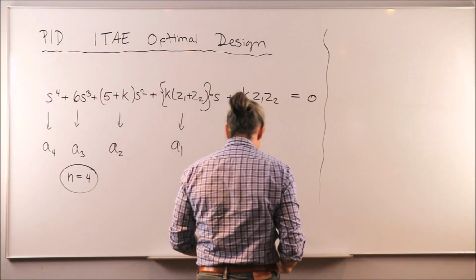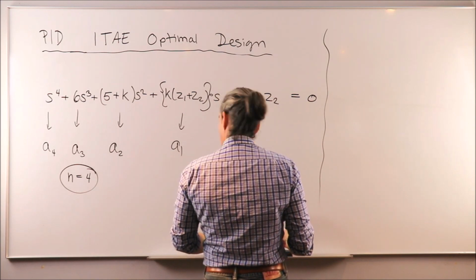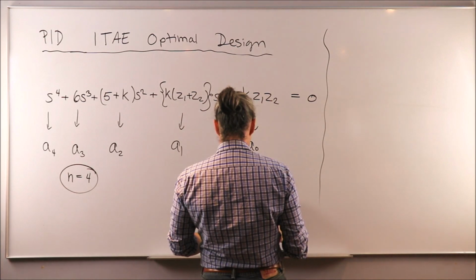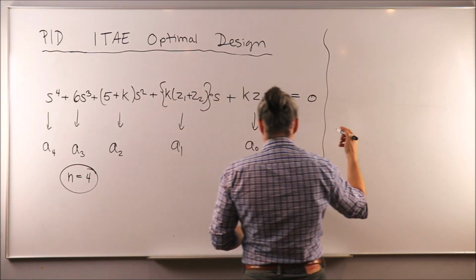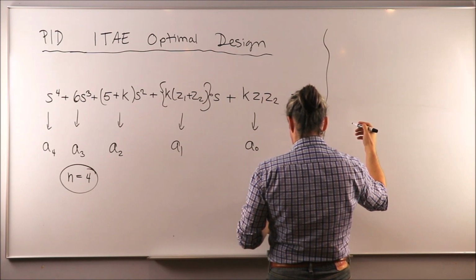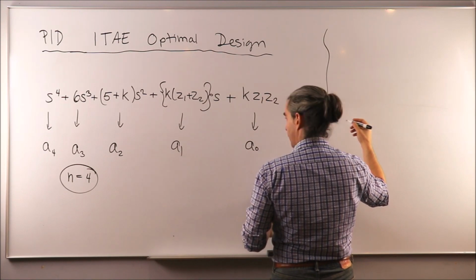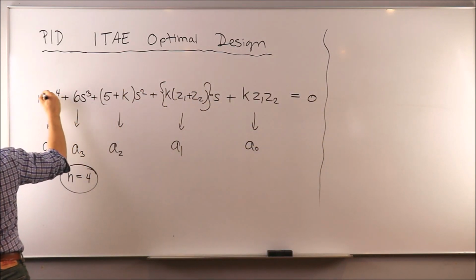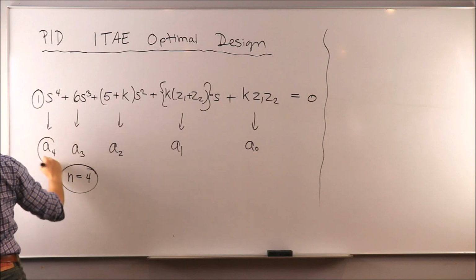Specifically, we had A3. Okay, so A4 is 1, but there's not much to do with it, right?